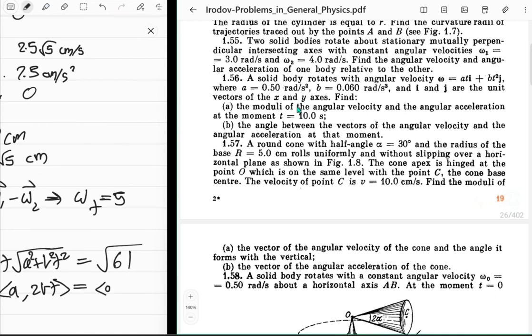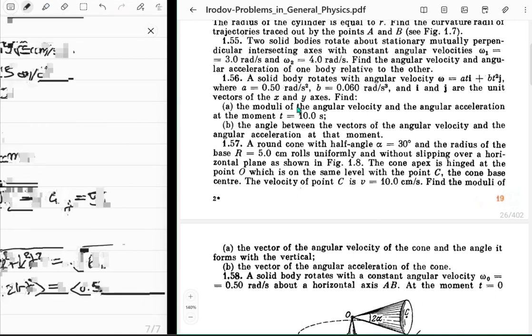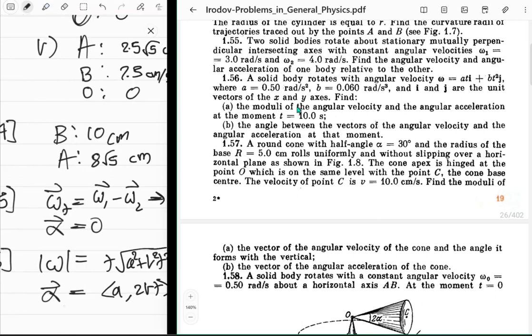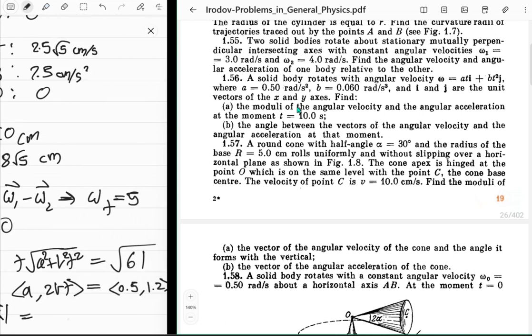Fine. So 0.5 comma 2 times 0.06 times 10, that is 1.2. Therefore magnitude of this thing is going to be 1.3, right? 5 squared plus 12 squared is 13 squared. Should make sense.